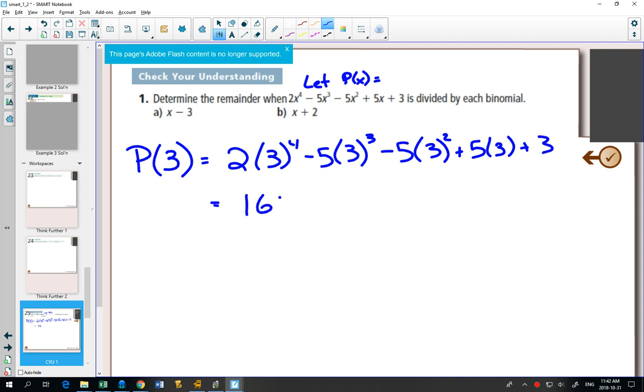Okay, 162 minus 135, that's an ugly 5. Minus 45 plus 15 plus 3. Mental math, 0.